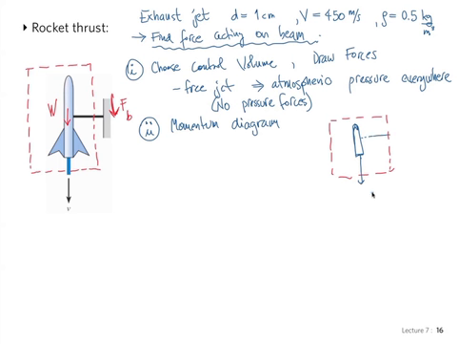This is the only momentum, m dot v, here. That's it. So we have only one momentum component. So now we use the momentum equation in the z direction.